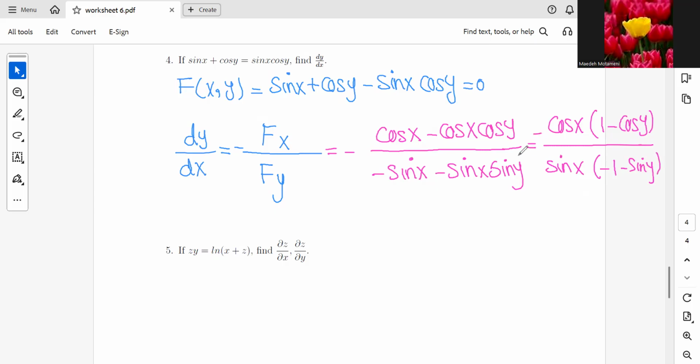And also we have a negative here because we had that here. So we can apply the negative to the bottom or maybe the top if you like. So we would have cosine of x times 1 minus cosine of y over sine of y times 1 plus sine of x.